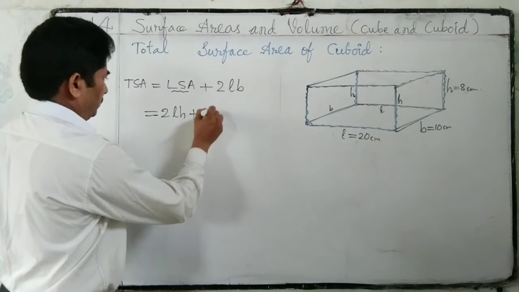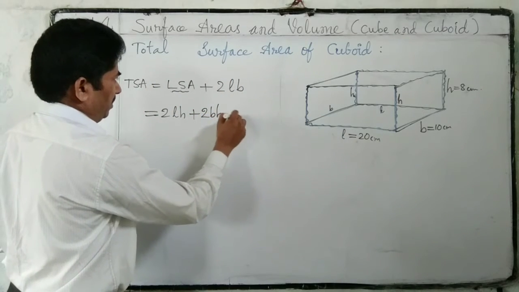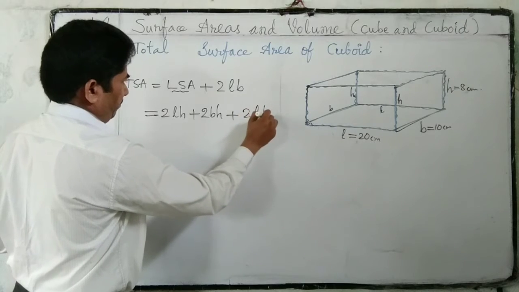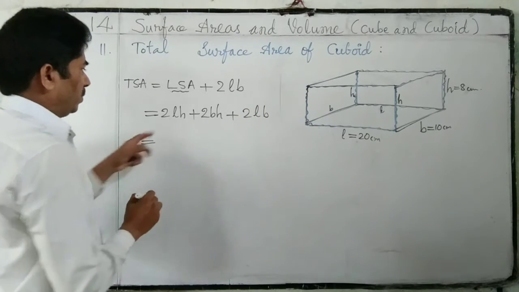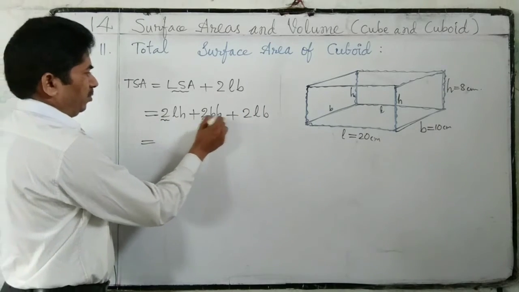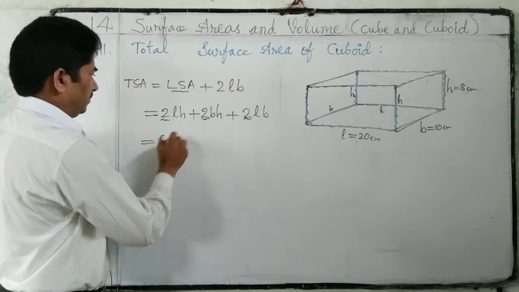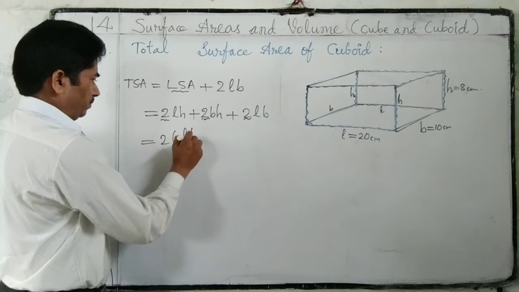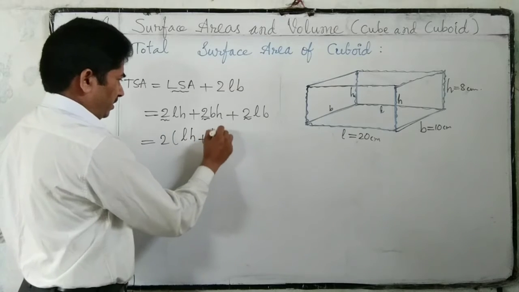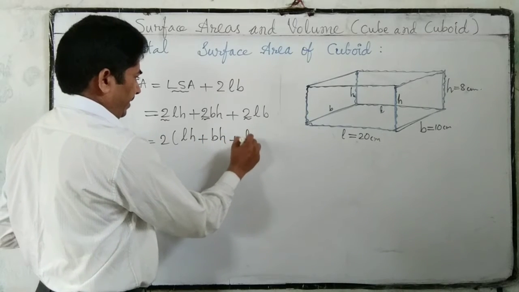We already know this, 2BH plus 2LB. If we take 2 as common in all the terms, here we have LH plus BH plus LB.